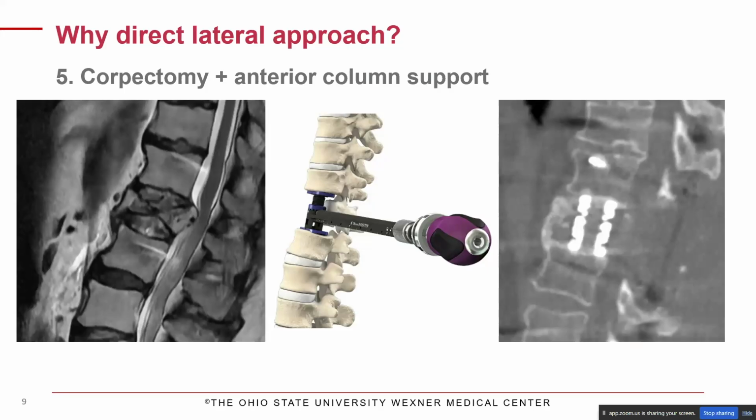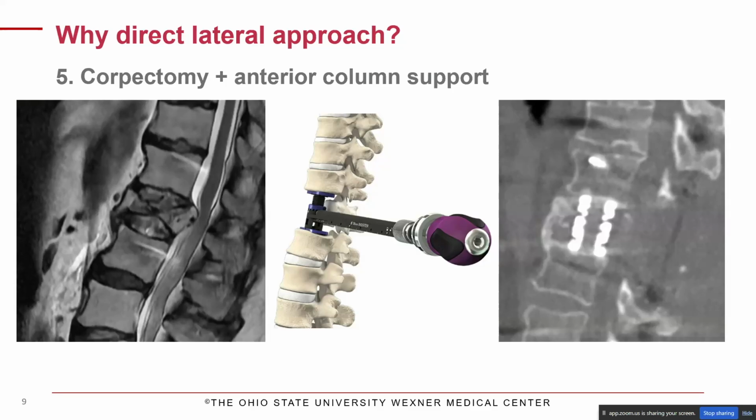Another, I would say less common, reason to do laterals is that there are some unique advantages for corpectomies. This was a case where somebody had progressive conus medullaris syndrome from a worsening fracture that had been attempted to be fixated elsewhere, and those screws had failed and haloed, so we decided we needed to do a corpectomy.